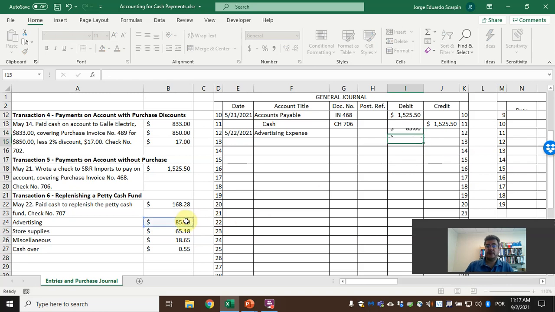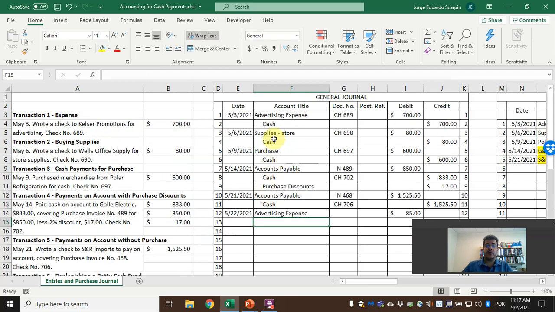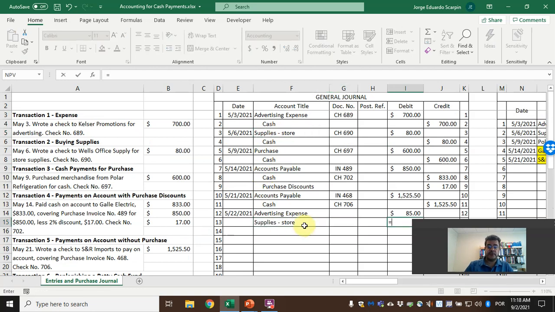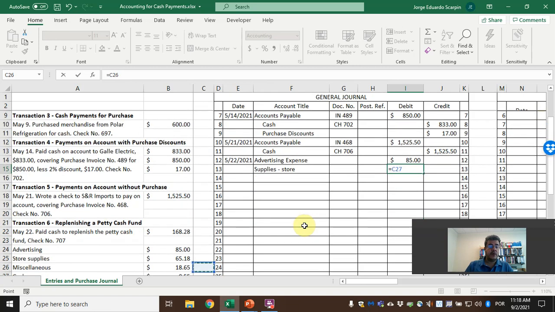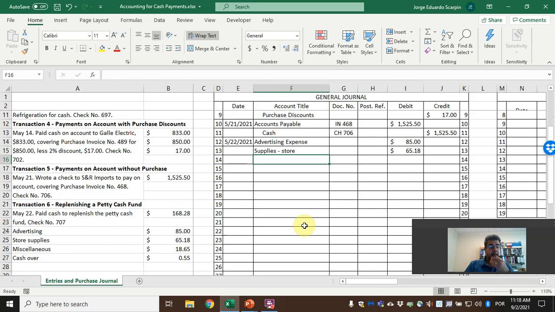Advertising expense, 85. What else? Store supplies, that we call supply stores. So supply stores, additional 6518. And miscellaneous expense, 1865. Cash over.